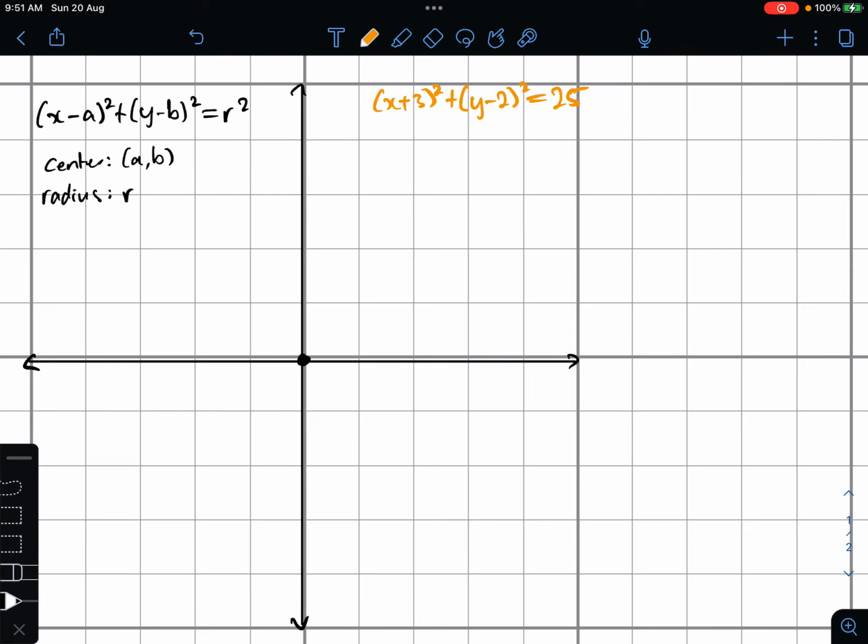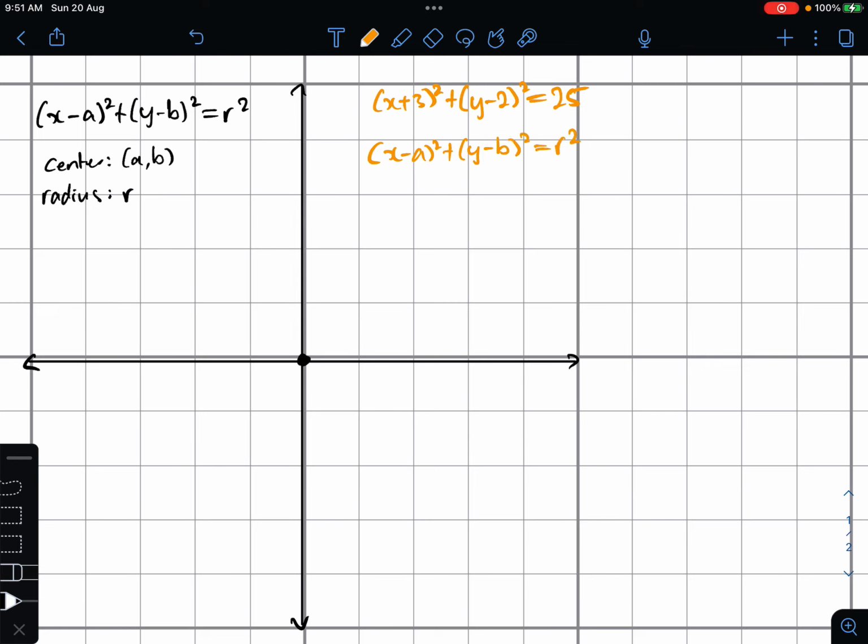Okay, now I'm assuming you've had a go, or at least hoping you've had a go. And now I'll get into it. So the first step is trying to work out the center and radius. So remember, we're comparing it to the form (x minus a) squared plus (y minus b) squared equals r squared.